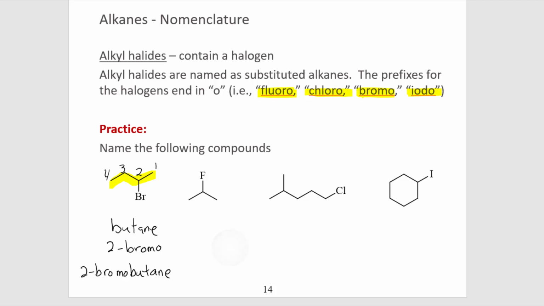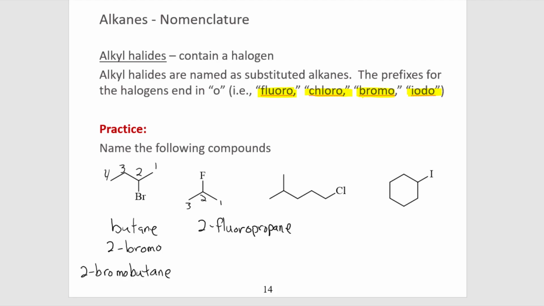If I had 2 bromines off of carbon 2, I would have another 2-bromo, and I could combine them, and that would be 2,2-dibromobutane. But I'll leave that out for now. This would be called 2-fluoropropane. Longest parent chain, I hit the fluorine at 2.